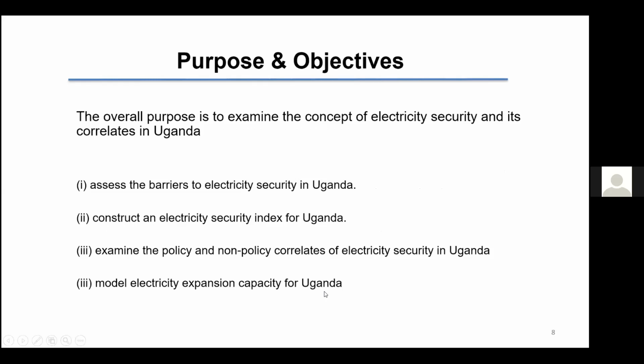So the main purpose of this study is examining this concept and its dynamics, which I call the energy dynamics or correlates or factors in Uganda, by looking at 4 specific activities or objectives here. Number 1 is to assess barriers to electricity security.